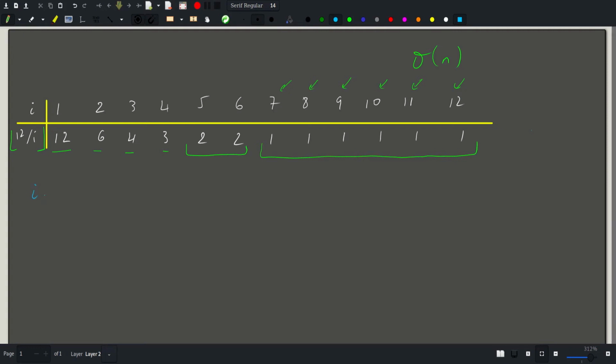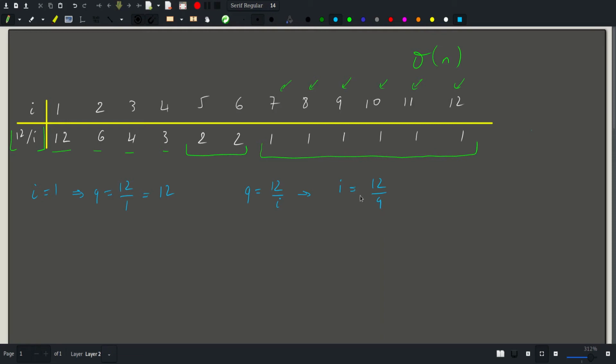So we'll start with I equals 1, and in this case we'll get a quotient that is equal to 12 divided by 1, which is equal to 12. And we want to know what is the next value here that will give us a quotient that is different from 12. So we got this q by dividing 12 by I. Therefore, I is equal to 12 divided by q.